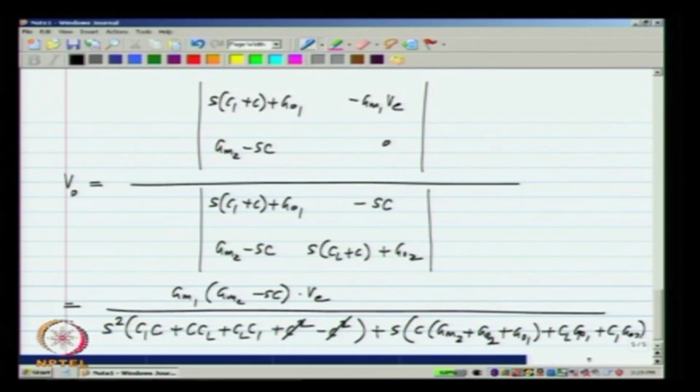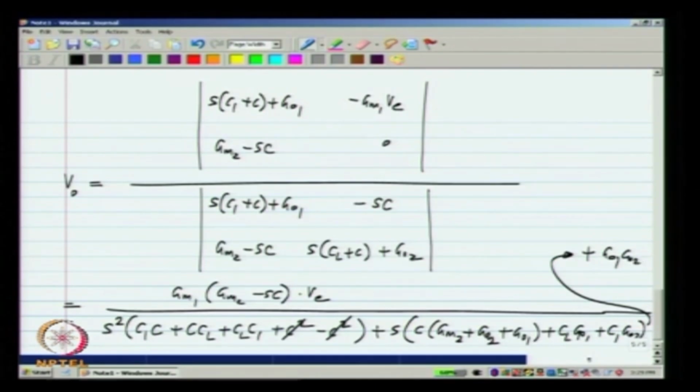And in addition to these, there will be a constant, and that is only due to this one and that one there. So, that will come out to be GO1 GO2.